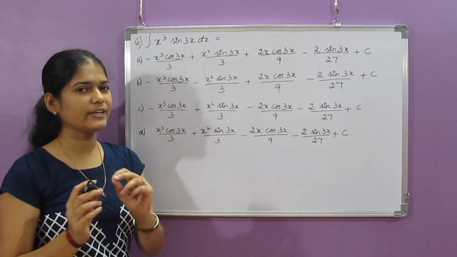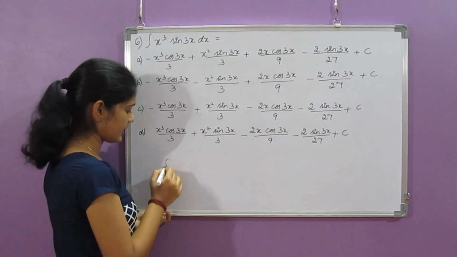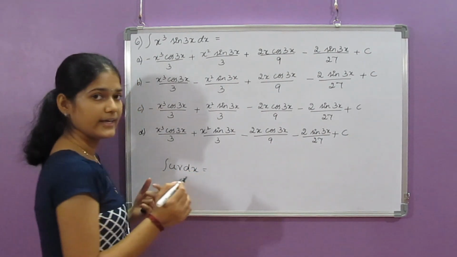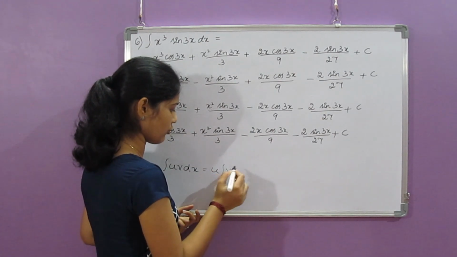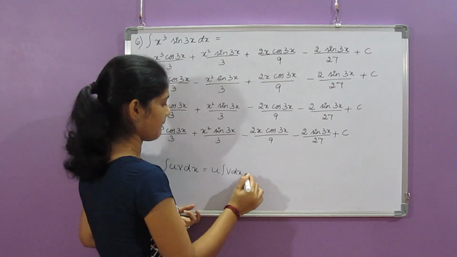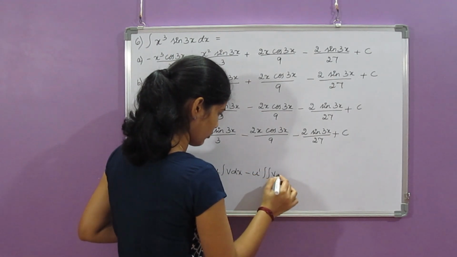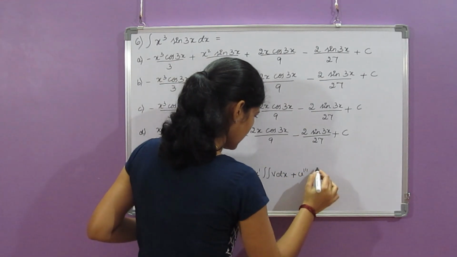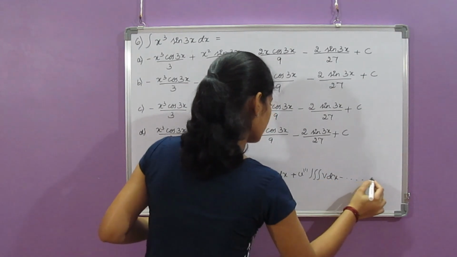Instead of that, I will give you a quick easy method. That is, if you have the integration of u v dx, then it is simply u into integration of v dx, minus u dash into double integration of v dx, plus u double dash into triple integration of v dx, minus, and so on.